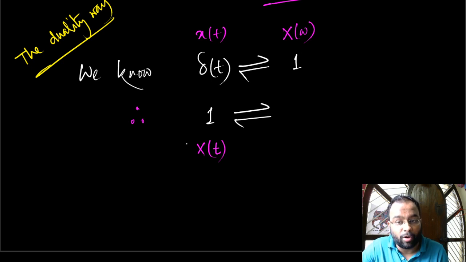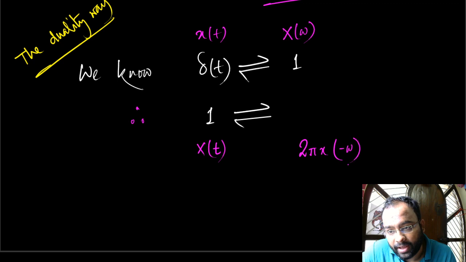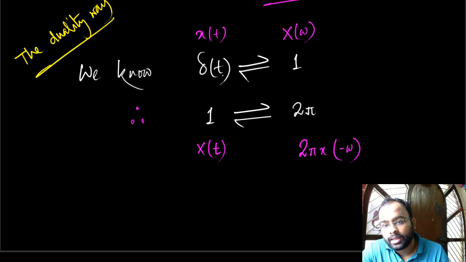So the Fourier transform of 1 can be calculated from the principle of duality as 2 pi x of minus omega. So what is the result? The result is simply 2 pi and x of minus omega, which means delta of minus omega.